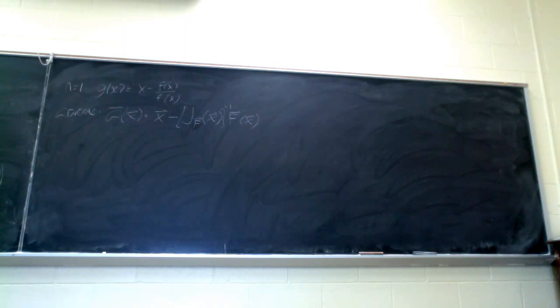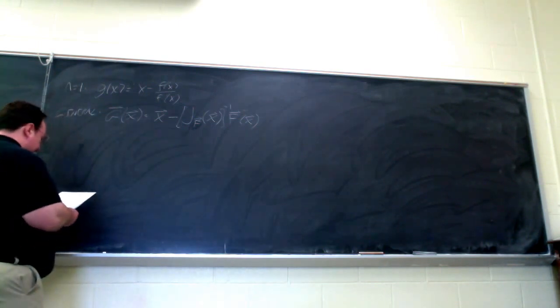All right. So now let's see what happens. In one dimension, it wasn't hard to show that g prime at the root x star was equal to 0. Let's see what happens with the Jacobian of g.